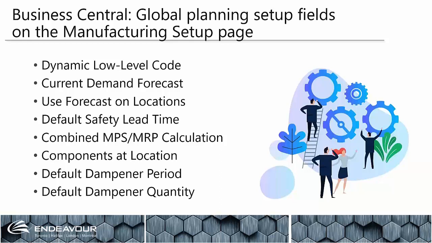So if you have multiple locations or multiple warehouses and you would like to have two of your manufacturing plants use one location or one warehouse, you would choose that location code on the global setup field in the manufacturing setup page.